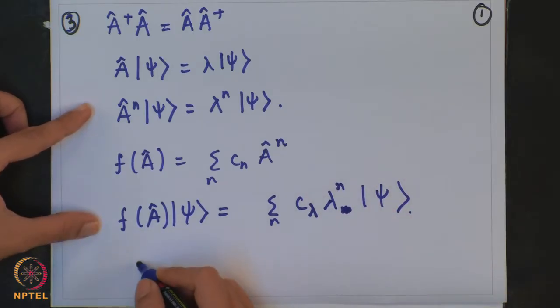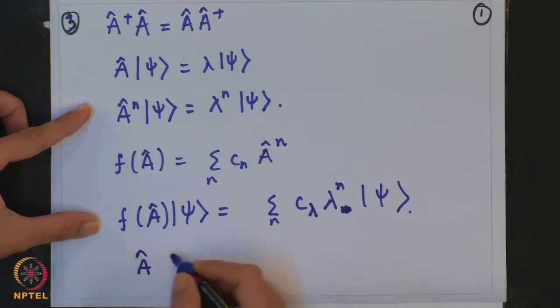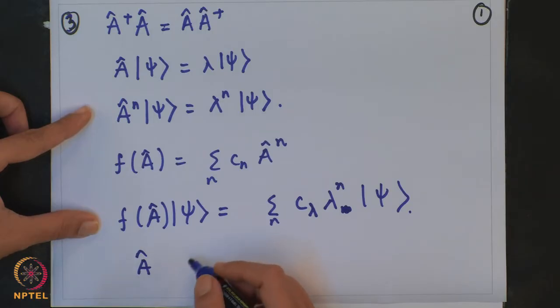So now if I want to write this operator in terms of the eigenstate as the basis, we can write it using the projection operator.